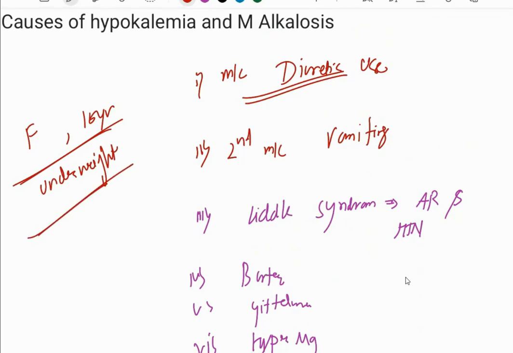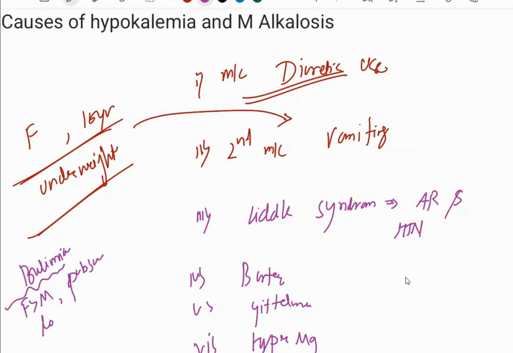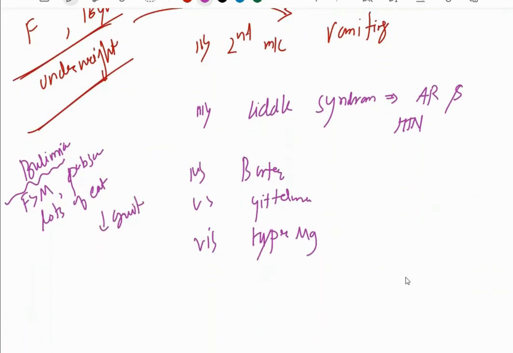The likely cause can be vomiting. As we know, in a condition called bulimia, which usually presents in females more than males in pubescent age, the girl eats lots of food, feels guilt about it, then induces vomiting.